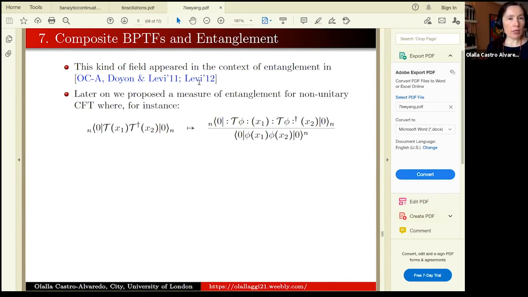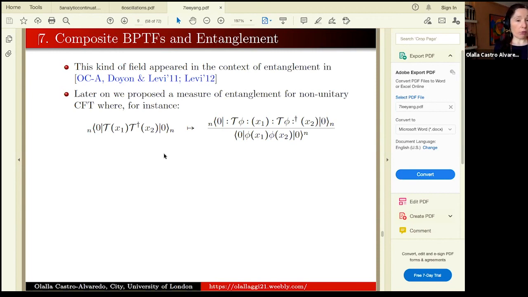The reason why we were interested in them initially was that at some point we figured that one nice way to define an entanglement entropy in non-unitary conformal field theory, and then extend it to massive theories, would be to say that if your theory is non-unitary like Lee-Yang, and therefore the two-point function of the standard twist field is going like x raised to a positive power instead of a negative one, which would be the normal thing.